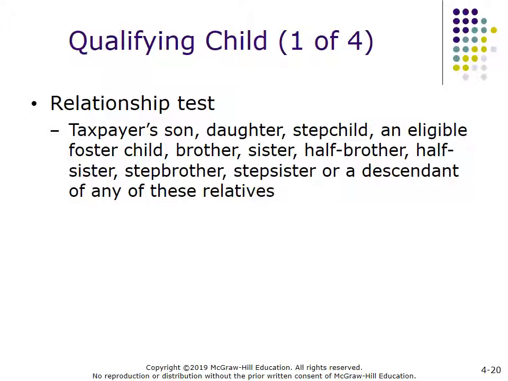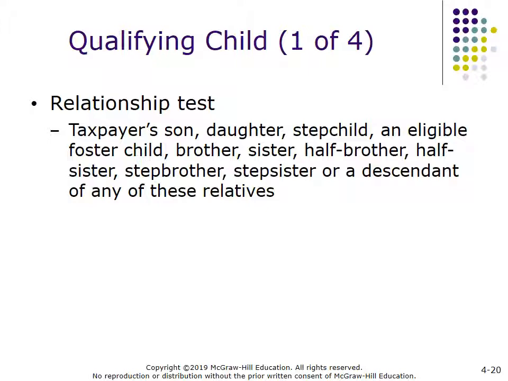Relationship. This is a very narrow relationship. It is the taxpayer's son or daughter, stepchild, foster child, brother, sister, or half brother, half sister, stepbrother, stepsister, or a descendant of any of those relatives.